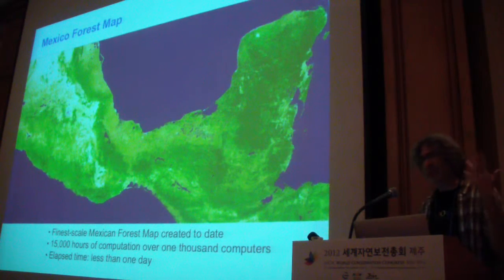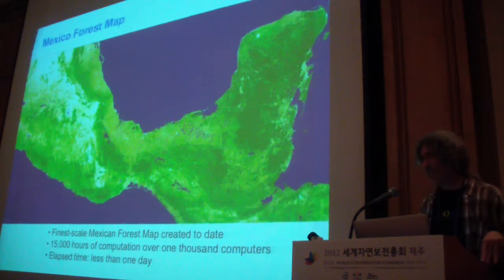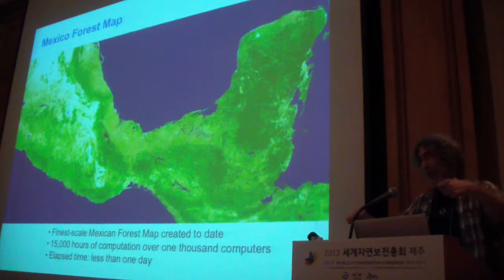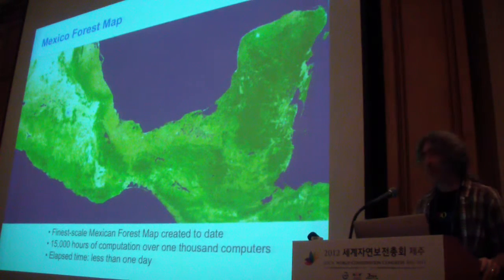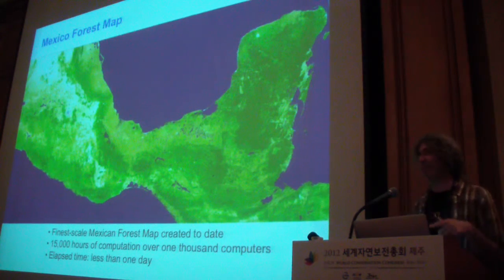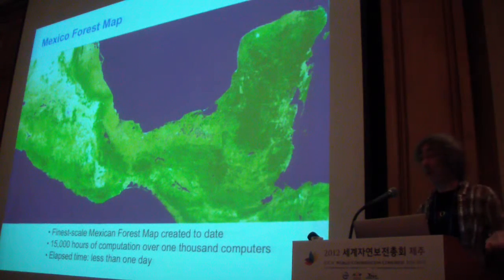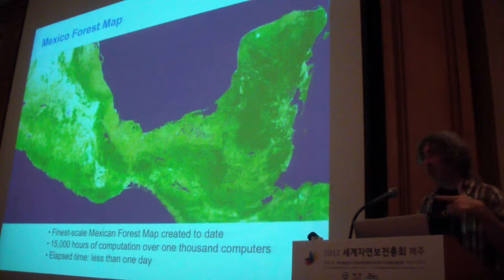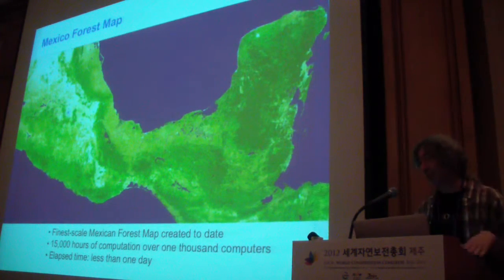It's 52,000 Landsat scenes, 15,000 hours of CPU time cranking through to come up with this map. If you ran it on one CPU, it would take a couple of years, like 3 years, if nothing went wrong. Like you didn't have a power outage or the internet didn't go down or something like that. But since we were able to deploy it on lots of machines, it ran in less than a day.